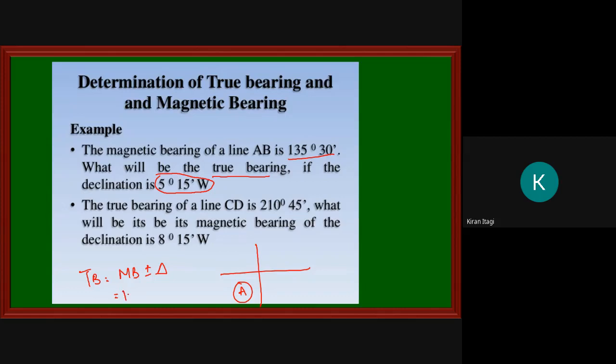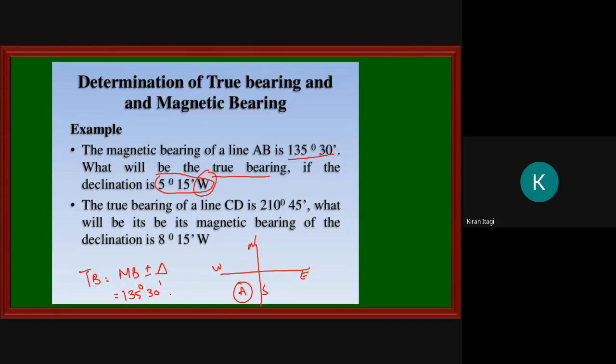Magnetic bearing, how much has he given? 135 degree 30 minutes. Now tell me whether you add or subtract. The declination is towards the west. Whether you add or subtract?